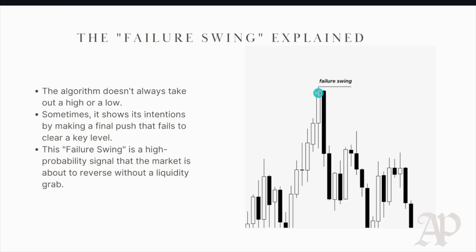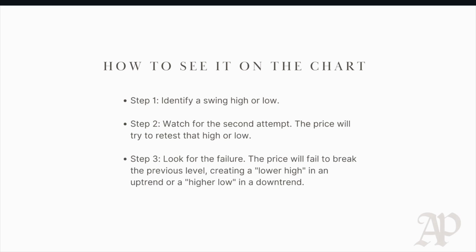What did the 2 p.m. candle do? It failed to create a wick higher and dropped down. So that can also be an example. The algorithm thinks they've already made a higher high, so there's no need to make another one, and then it just dumps.